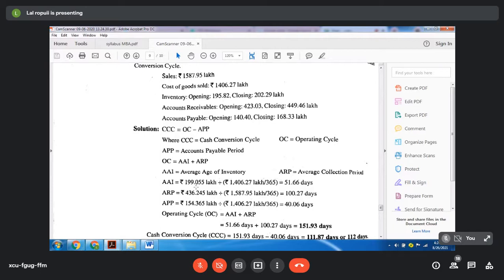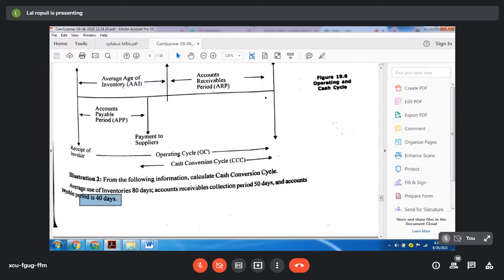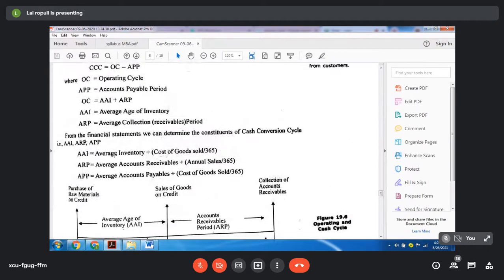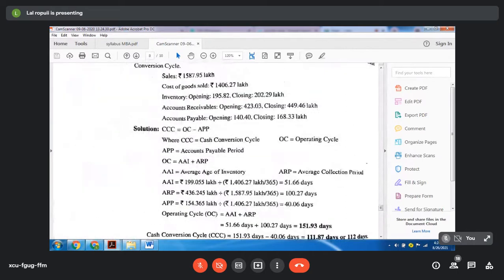Average inventory divided by cost of goods sold. For inventory, we add the opening and closing and divide by 2, so we got 199 lakhs, divided by cost of goods sold divided by 365 days.